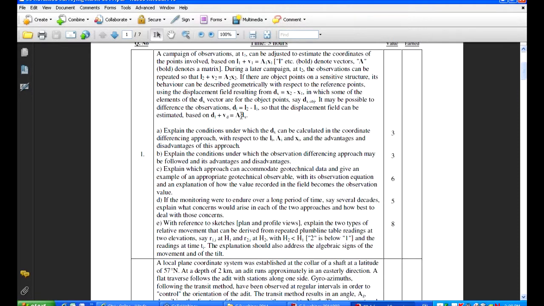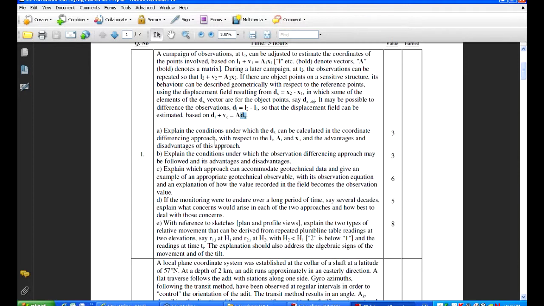We can actually estimate displacement values coming from observation differences. So here we have displacements from coordinate differencing. Here we have displacements from observation differencing. This can only happen if we have exactly the same observables in both campaigns.